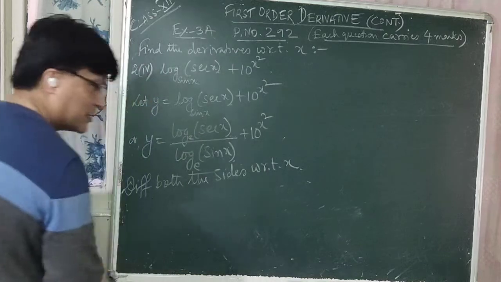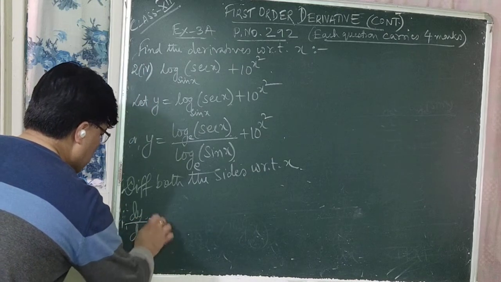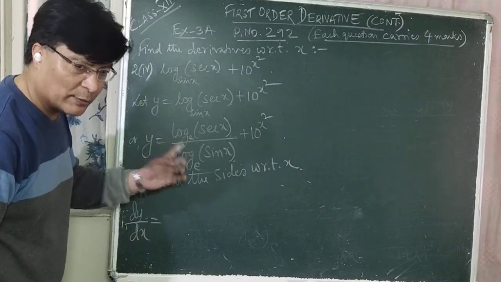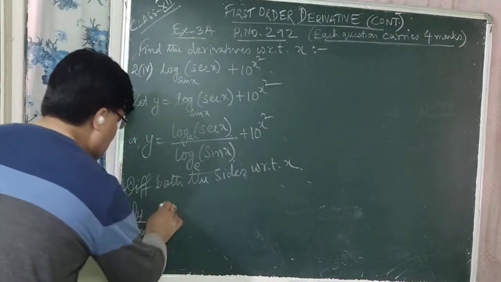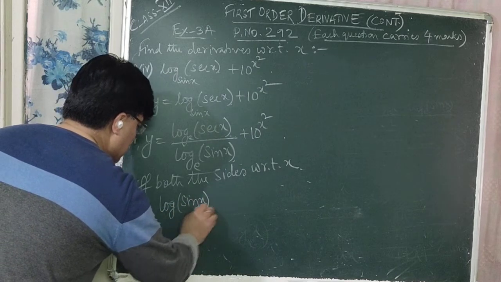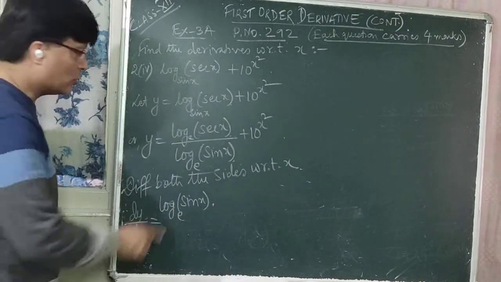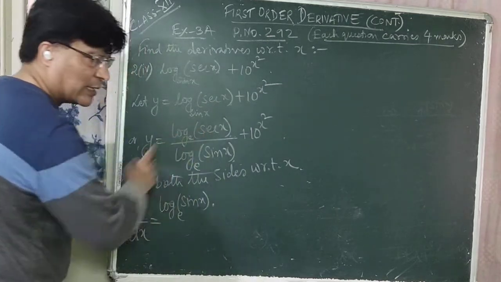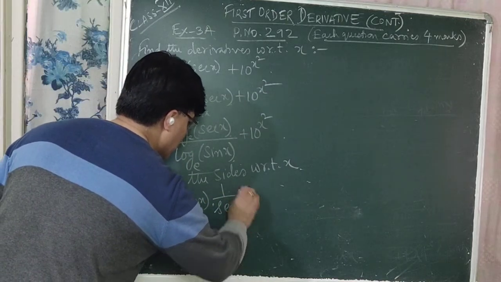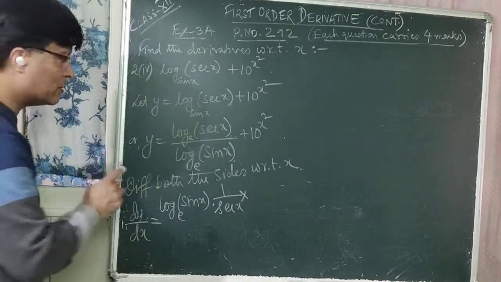So differentiating both the sides with respect to x, dy by dx is equal to, now we can use here the u by v rule, both are variables here. Now denominator is kept same, log of sin x base e, into, now differentiate the numerator. What is the differentiation of log sec x? Take it as log x. So it is 1 by sec x into, again differentiate sec x.